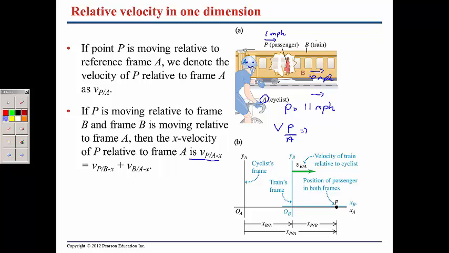What we want to do is say that's going to be equal to the velocity of the passenger with respect to the train plus the velocity of the train with respect to the cyclist. I've left off the x. All that really means is in the x direction.